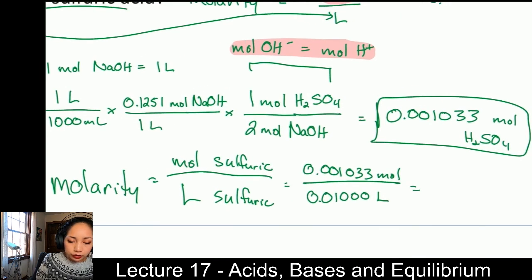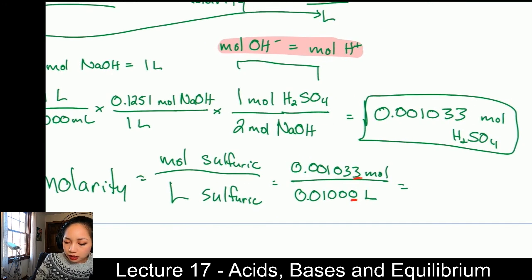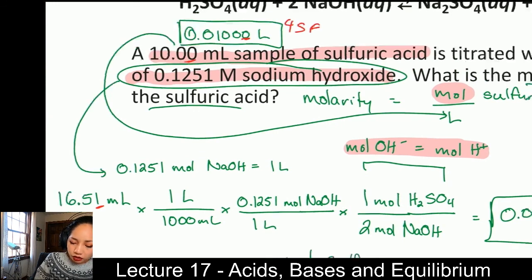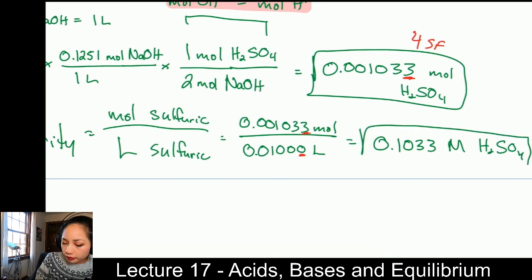If we look at our sig figs, there are 4 sig figs in each. Our volume is 4 sig figs, so our answer should have 4 sig figs. My answer is 0.1033 molarity of H2SO4.